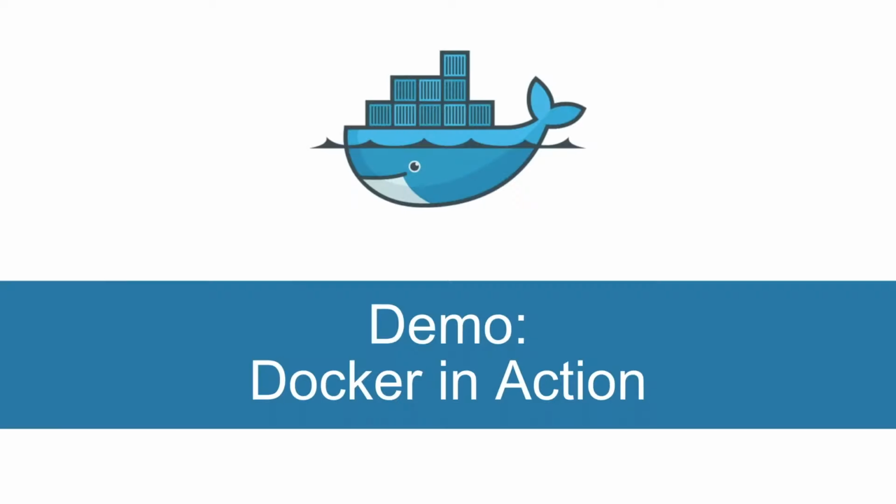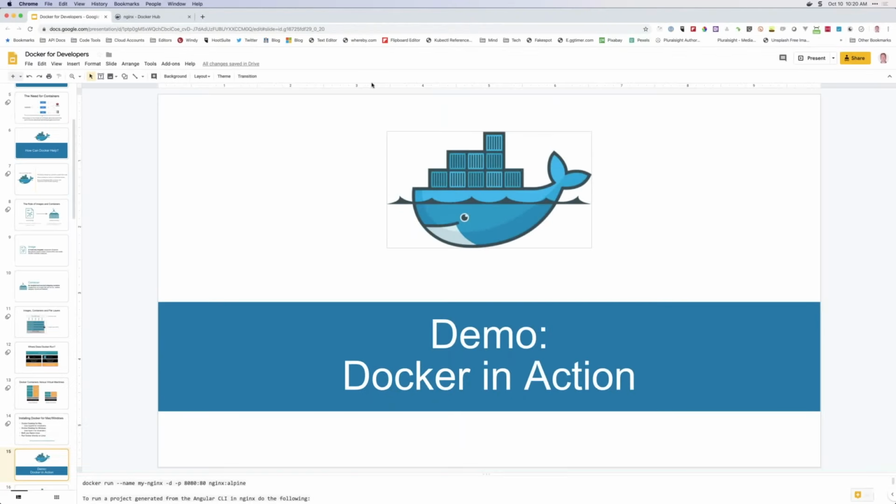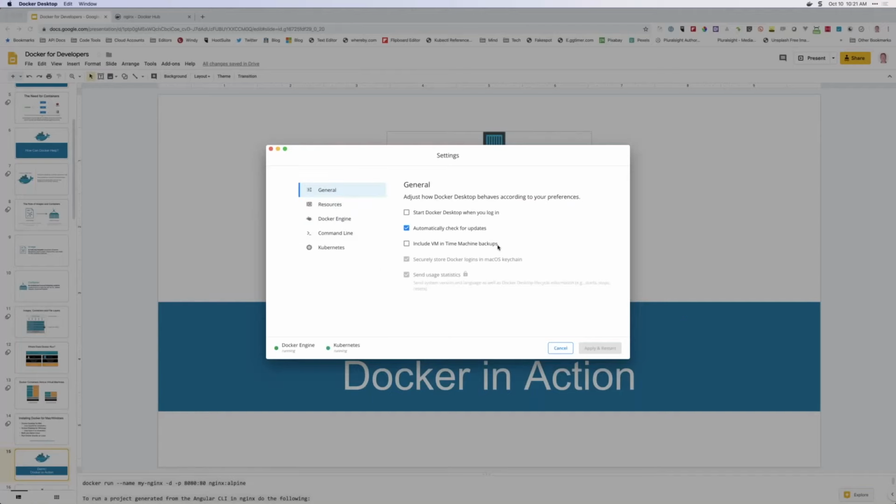So let's jump into a little demo here to get started. You'll notice right up top, now this is my Mac, that I have this little Docker whale icon up here at the top, and I can go to things like preferences. In the preferences, I can get information about, do I want it to start when I log in, automatically check for updates.